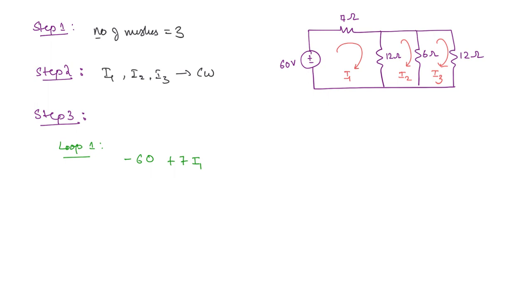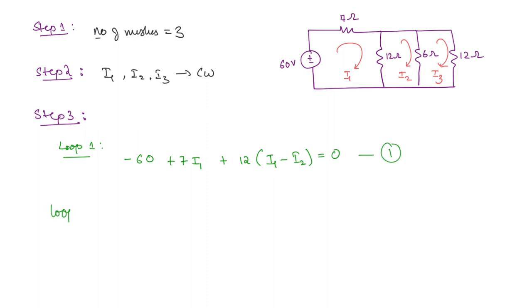So you write plus the resistance value into the current. Since we are going in the clockwise direction, which is downward, whichever current is in the downward direction will be positive and the other negative. So 12 times I1 minus I2, equal to 0. This is the first equation.